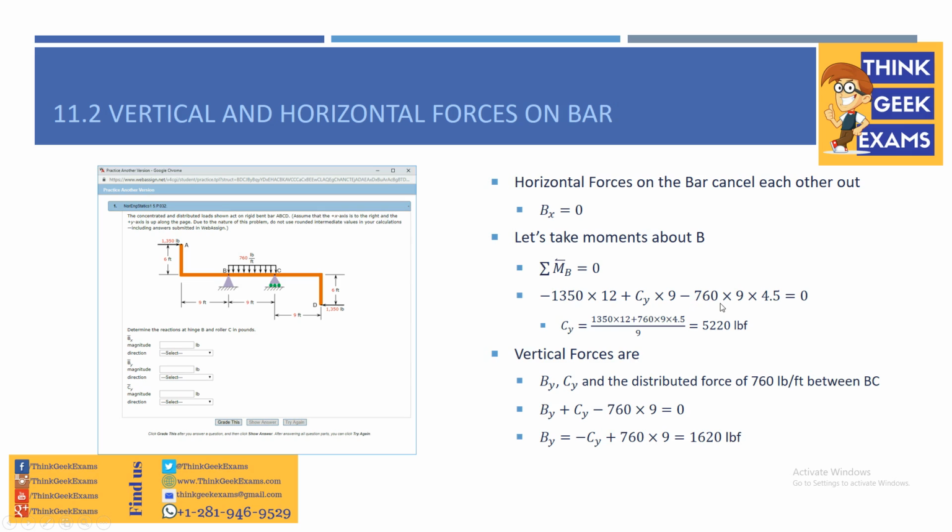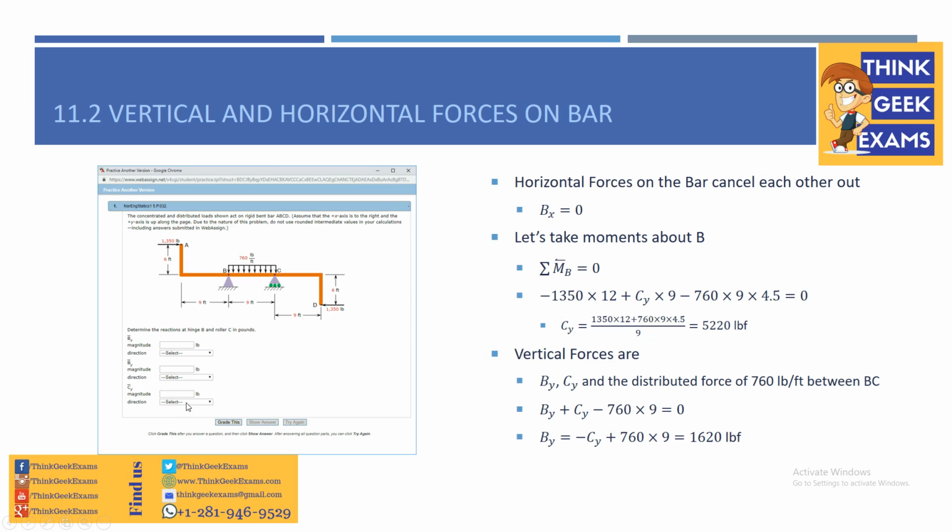So negative 760 times 9 times 4.5. So we can get Cy from here because that's the only unknown. So we take the negative portions in this equation to the right hand side, and then divide by 9, and the Cy comes out to be 5220. Positive, and it's obviously going upwards. So that's basically Cy.